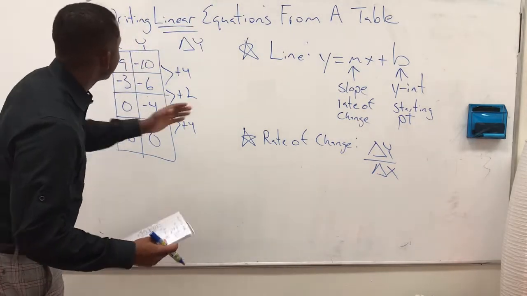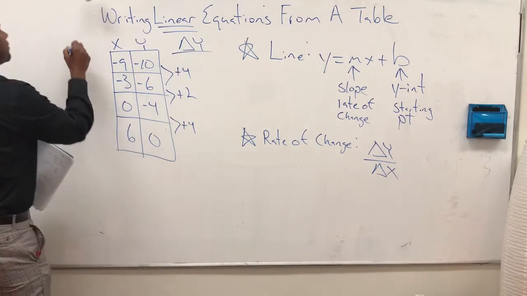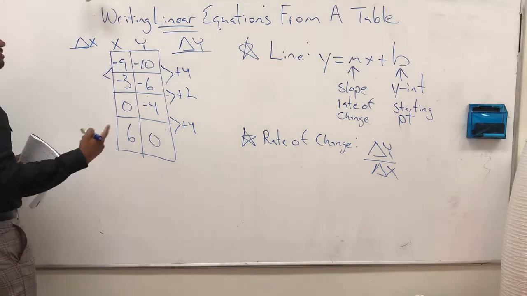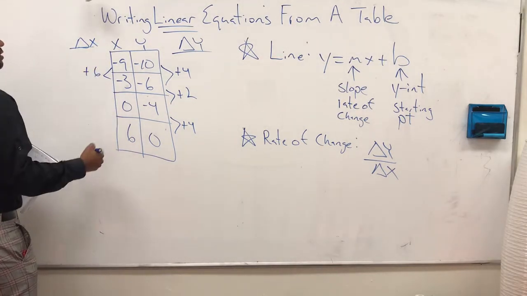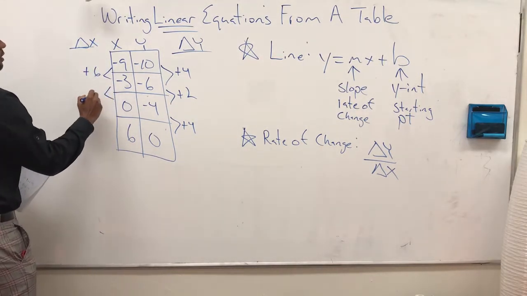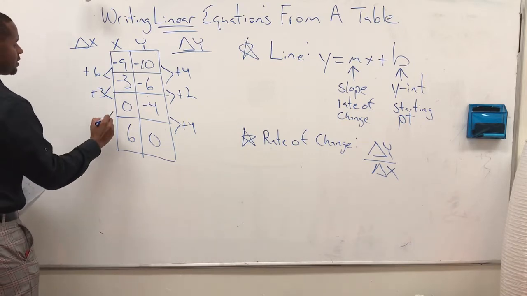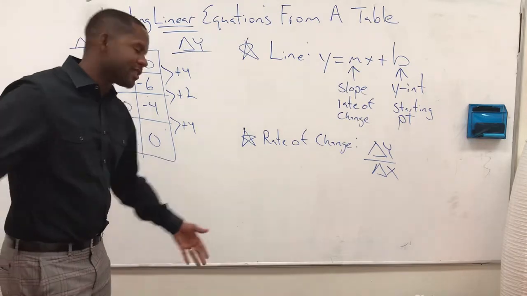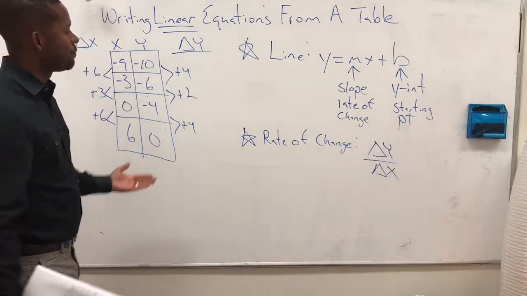I got to find my change in y, but I also need to find my change in x. To go from negative 9 to negative 3, what's that? Plus 6. Negative 3 to 0 is plus 3. And 0 to 6 is plus 6. Once again, my rates of change are different.